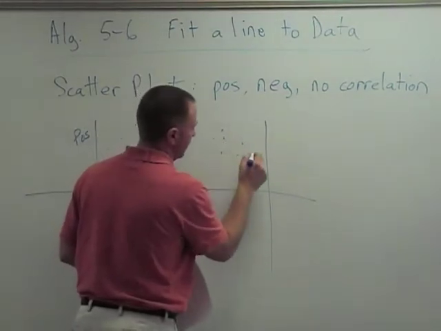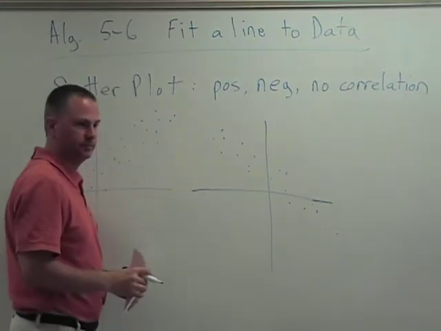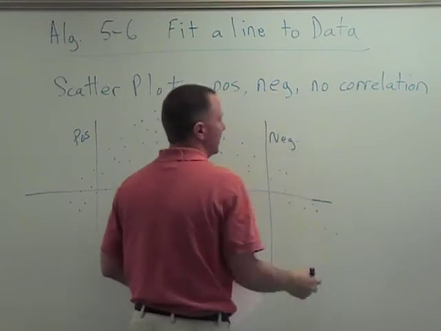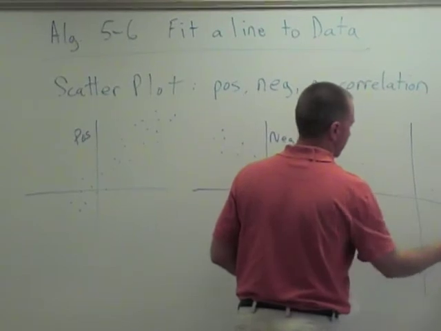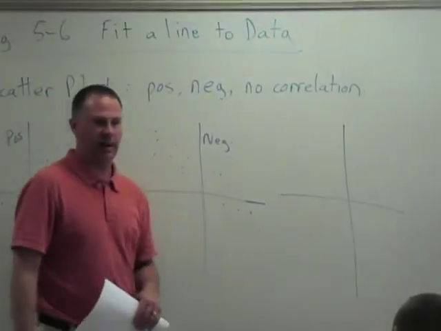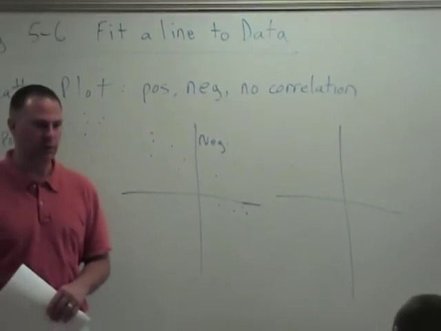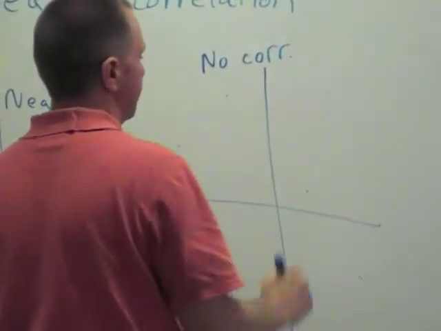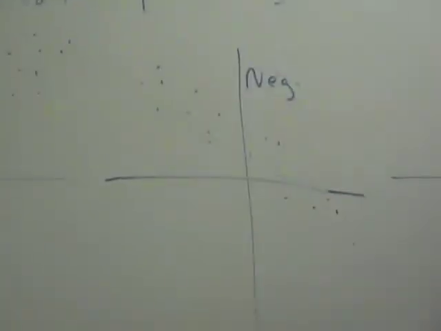Negative would then be sets of data that appear to go down to the right. Negative slope. And then no correlation, there's just no rhyme or reason to the set of data. It doesn't look like it goes any direction. That's no correlation. You'll have some problems where whatever you put on there is not going to have any correlation to it.